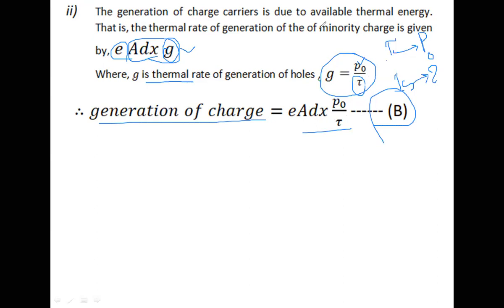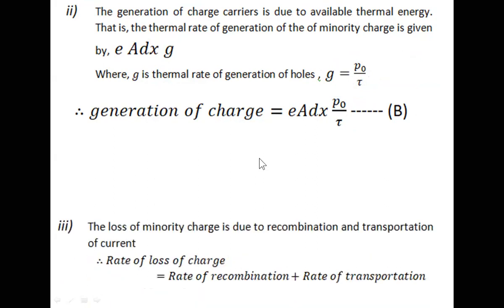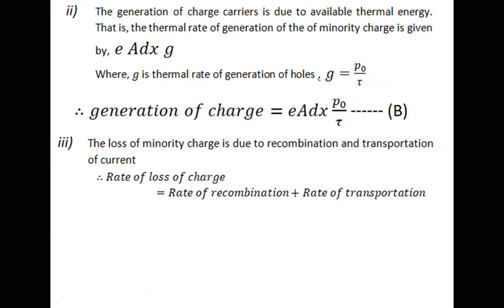Now let us take the next process, that is loss in the charge, and try to write down the expression for that. Now as I said previously, the loss in the charge within the semiconductor block is taking place because of two processes. First one is the recombination process, and the second one is transportation process.